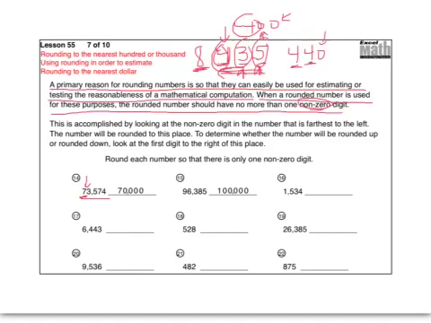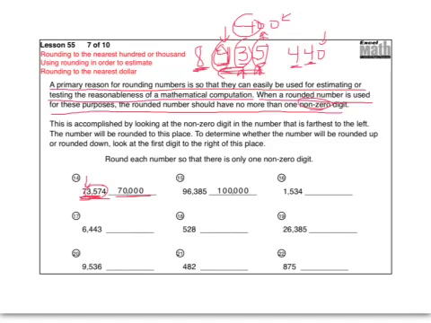And so I'm finding the nearest 10,000 to 73,574, and that would be 70,000, because this is between 70,000 and 80,000, and it's closer to the 70,000 than the 80,000, because 3,574 is less than 5,000, which would be right in the middle. 75,000 would be smack in the middle of 70,000 and 80,000.